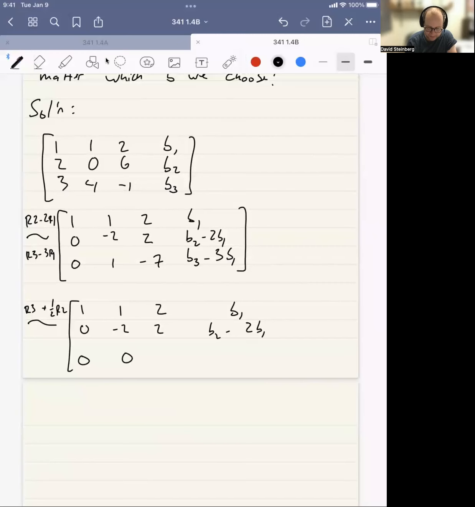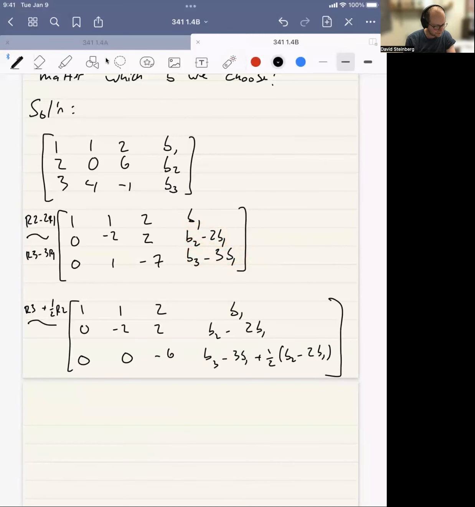Then negative 7 plus a half times 2 is negative 7 plus 1, which is negative 6. And now this is going to be a mess, but that's life. We've got b3 minus 3b1, plus a half of b2 minus 2b1. What a mess, but that's life.